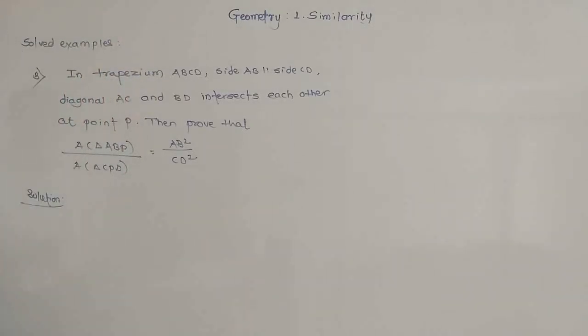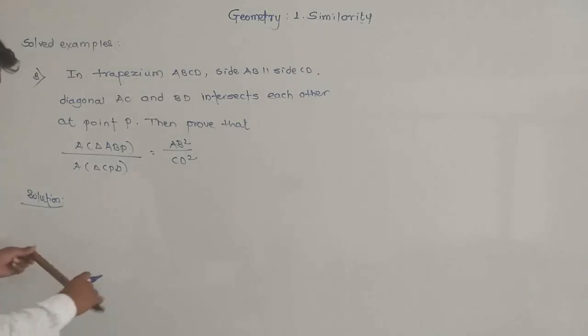Solved example number 3: in trapezium ABCD, side AB is parallel to side CD, diagonals AC and BD intersect each other at point P. Then prove that area of triangle ABP to area of triangle CPD equals AB square upon CD square.